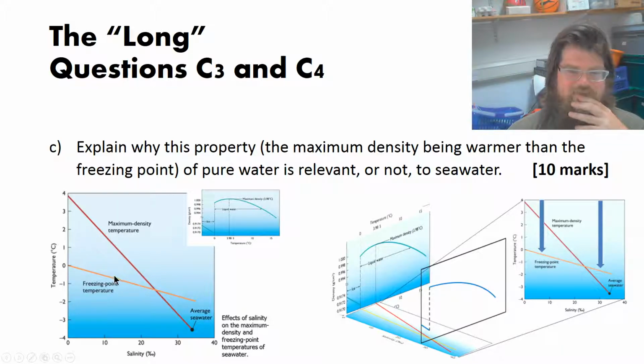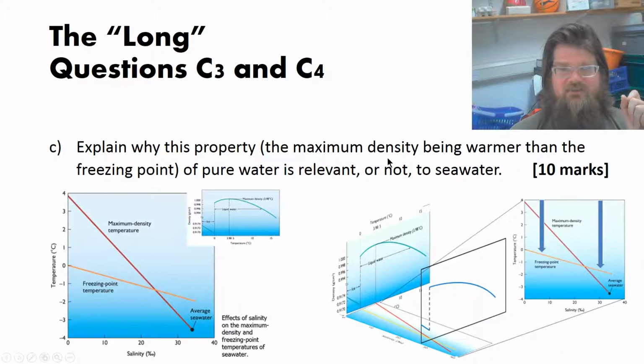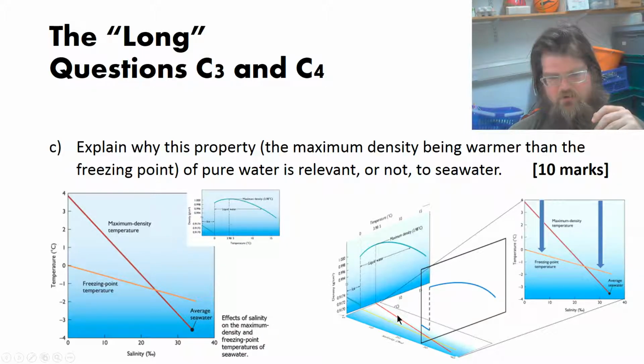But the question is also asking about the property of seawater, the maximum density being warmer than the freezing point. That's basically this positive slope on this temperature density graph. Does that exist for seawater? The thing we're looking for is what happens to this density maximum as you increase the salinity, and that's explained by this red line on this graph, which shows where this maximum moves as you increase the salinity.